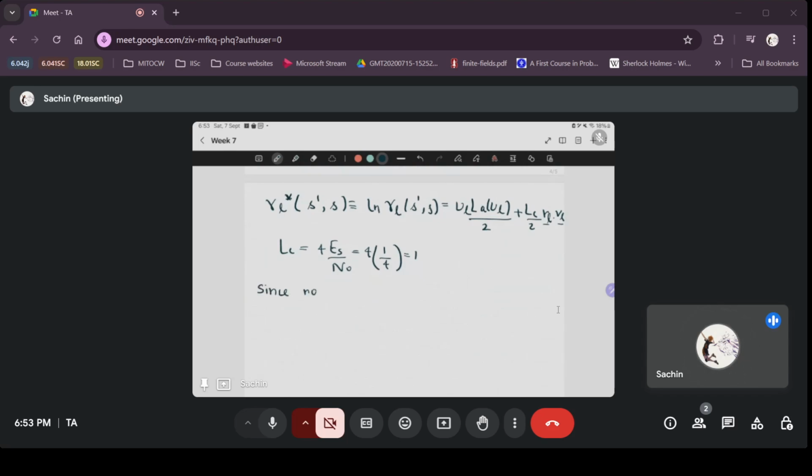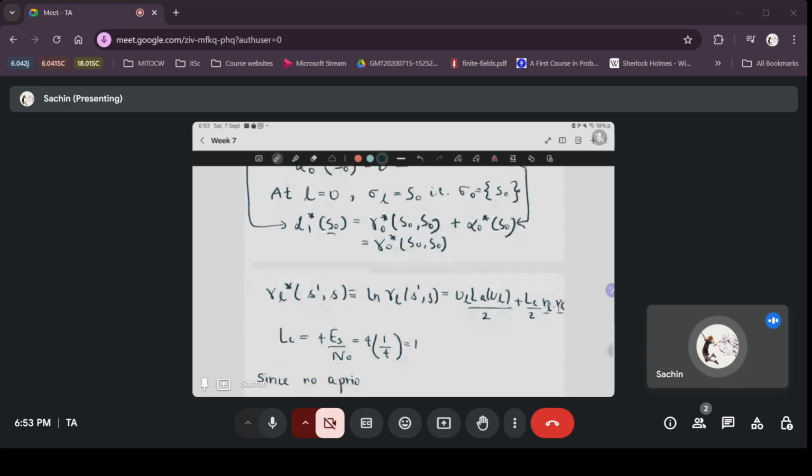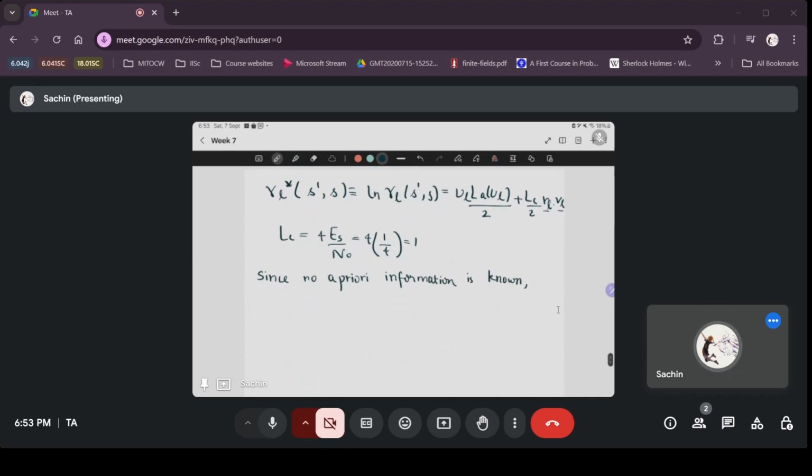I think I said L_A of UL is the a posteriori log likelihood ratio, but it's the a priori log likelihood ratio. Since no a priori information is known for the first iteration, we assume all values are equally likely.